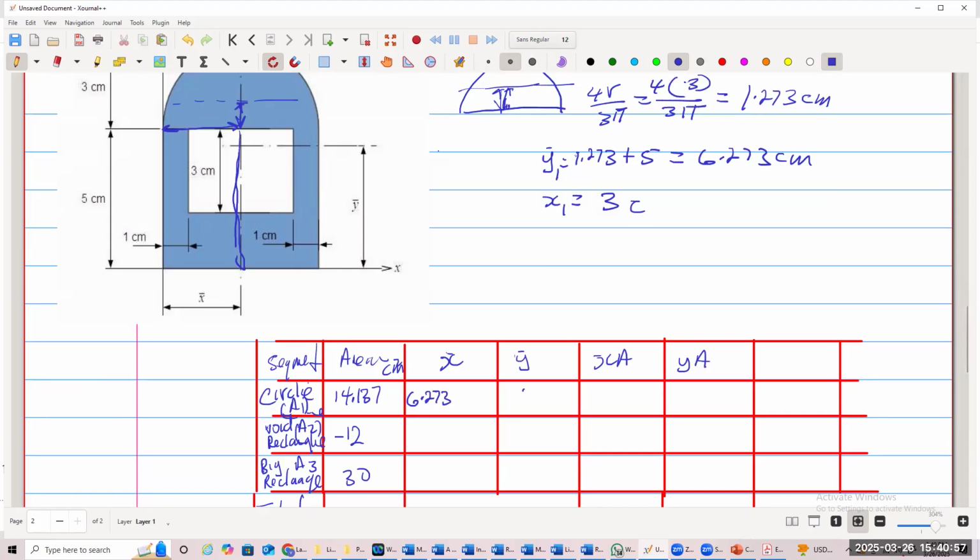This is, no, wrong one. I'm putting the x where the y should be, vice versa. So this is 6.273, while this is 3. All right. Let's do the void one now.